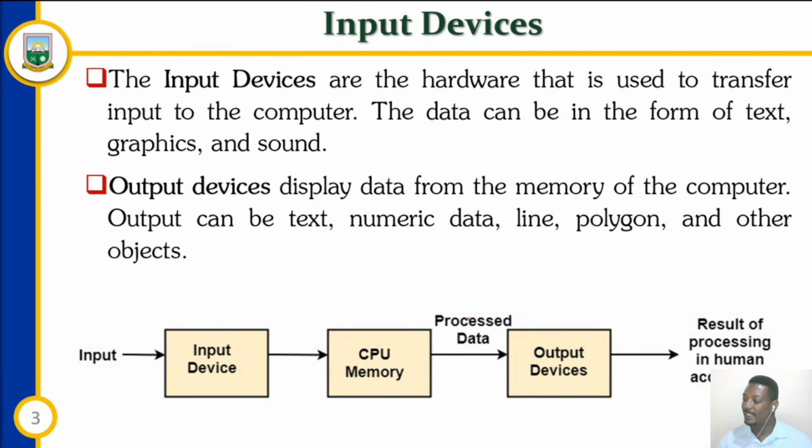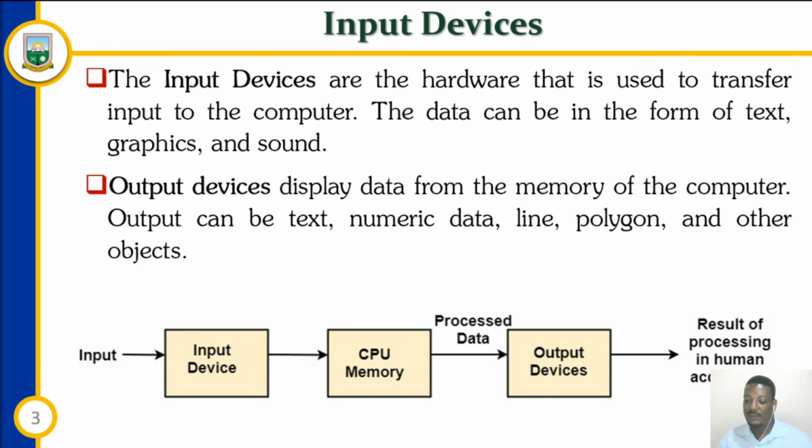Generally, the data that we have put in here will be processed by the CPU, and at the end of the day, we'll have an output device displaying the results after processing. Eventually, the result of processing the picture will be a soft copy of it on the display of the computer. And of course, that will be more readable by humans.